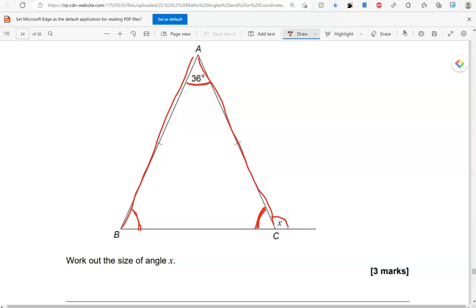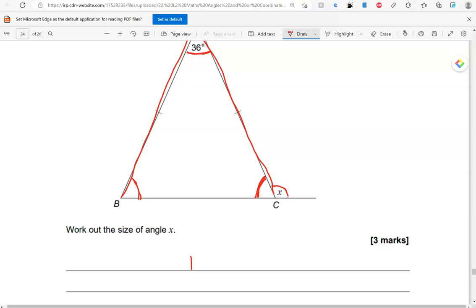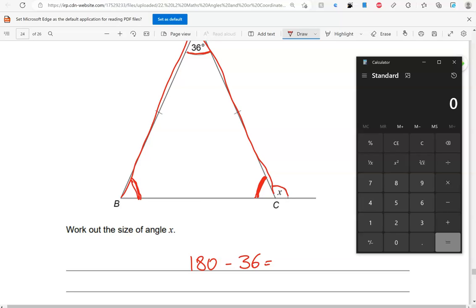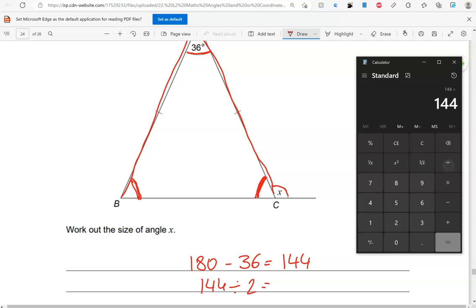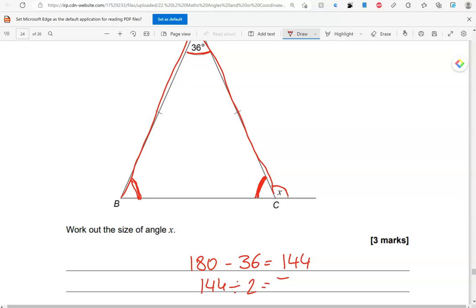So if we take it away from 180, should give us the total for this one and this one, the two angles at the base. So that is 144. So 144 now divided by 2 gives us 72.